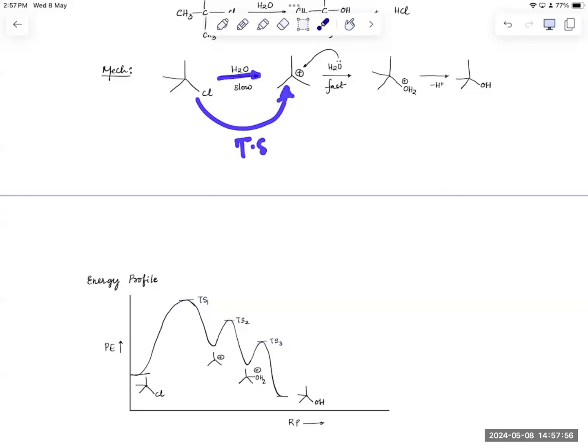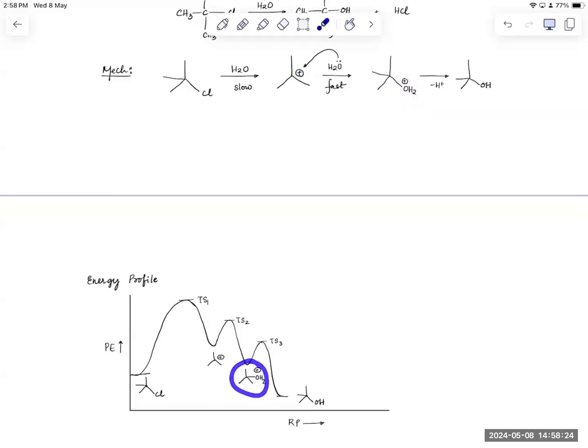Here there is transition state 1. Between these two there is transition state 2. Between these two there is transition state 3. Correct? And every time you are going towards a more stable carbocation. So first is this carbocation, next is this carbocation. But here the stability is not based on rearrangement but on the extra bond formation. This positive charge will get an OH2, which is an extra bond. Extra bond will always lead to stability.